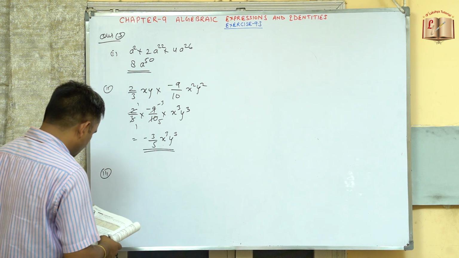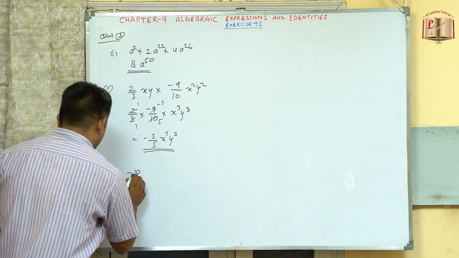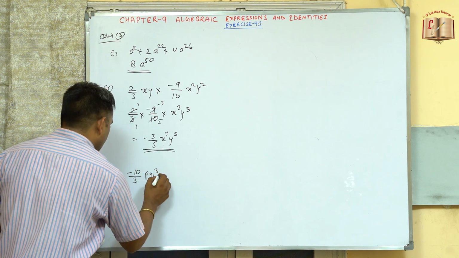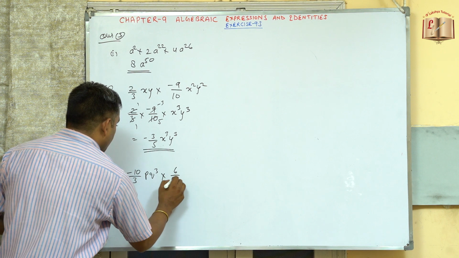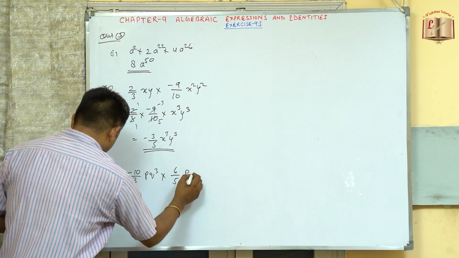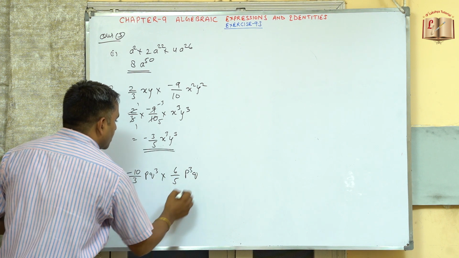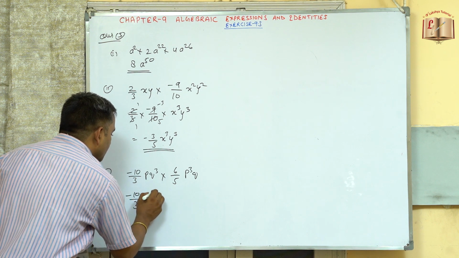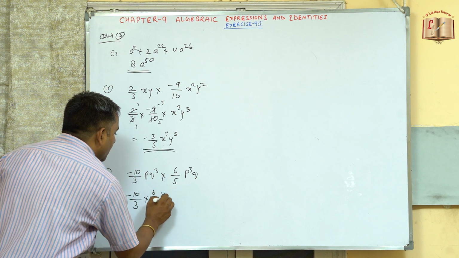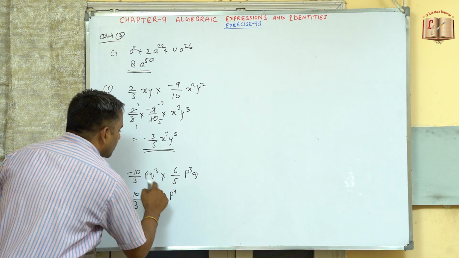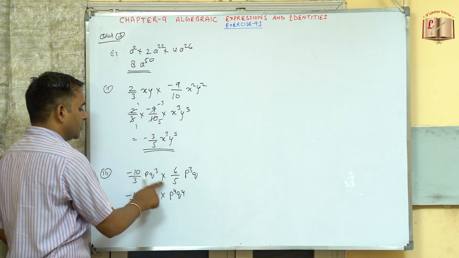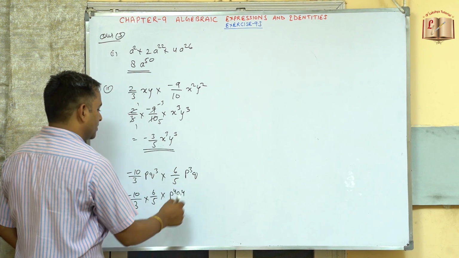Now coming to the third part, this is minus 10 by 3 pq cube into 6 by 5 p cube q. First of all we will multiply these coefficients, 10 by 3 into 6 by 5, and this will be p to power 4 and q to power 4, because 3 plus 1 is 4 and 3 plus 1 is 4.